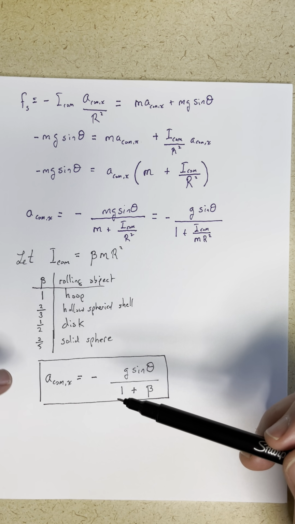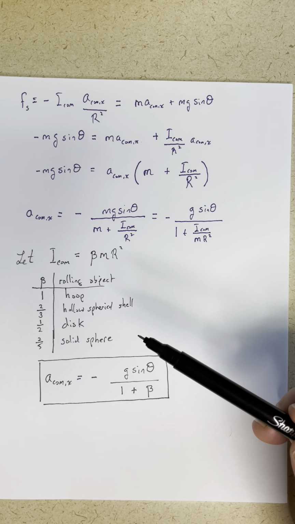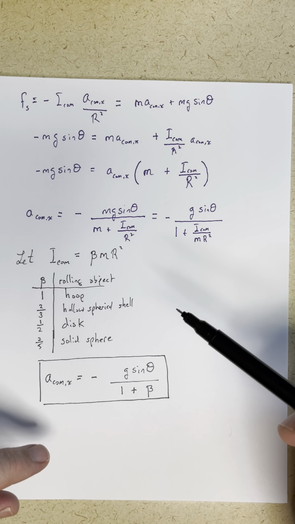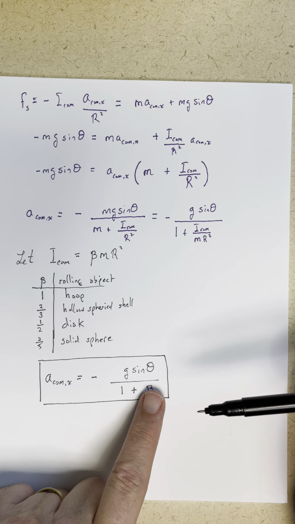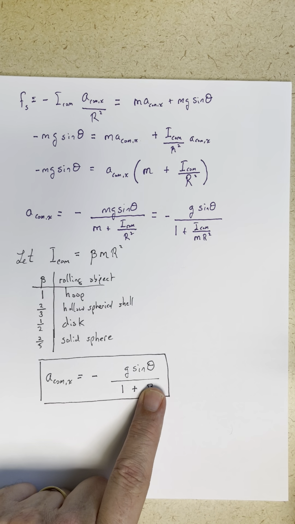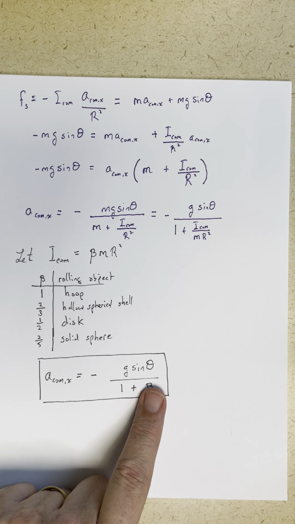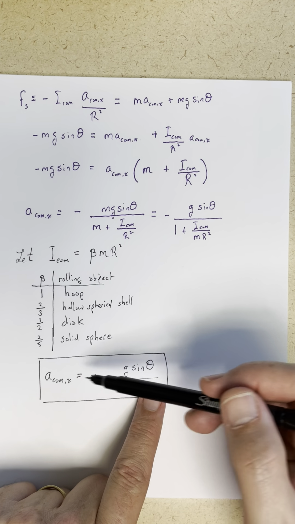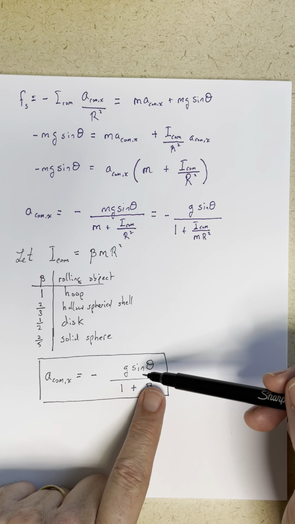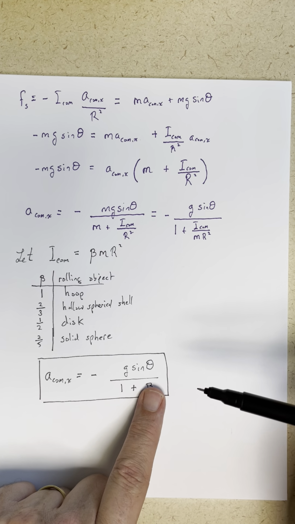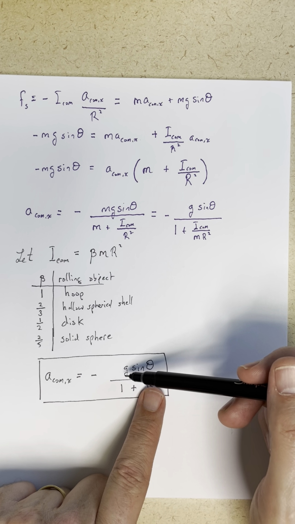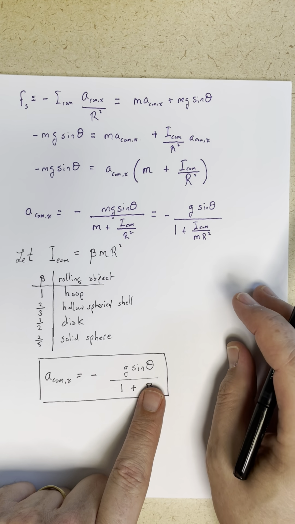And if no kinetic energy is going into kinetic energy of rotation, then this beta is 0, and we're back to our relation for an object that just slides down the inclined plane. Its acceleration is going to be minus g sine theta, where the sine theta is just telling you the fraction of gravitational acceleration that's directed parallel to the inclined plane.